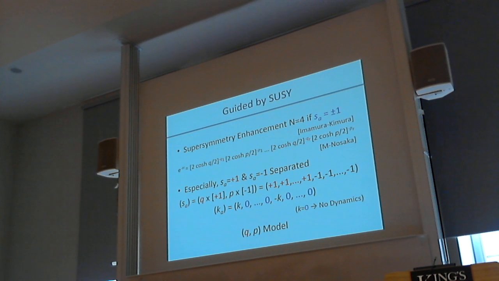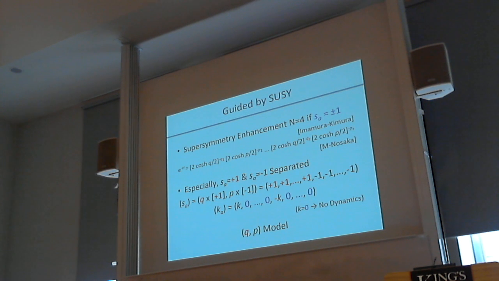Especially when plus 1 and minus 1 are separated, for the levels we have lots of 0, and this tells you that there are no dynamics in this part. So in this sense the dynamics is minimal, so we call it the QP model.